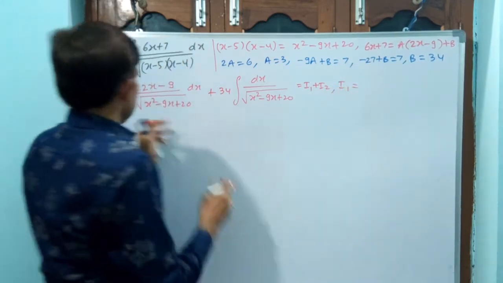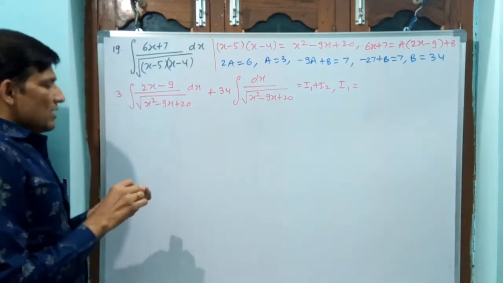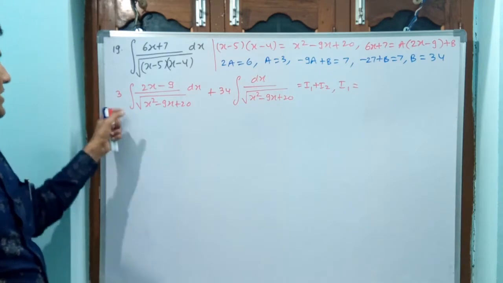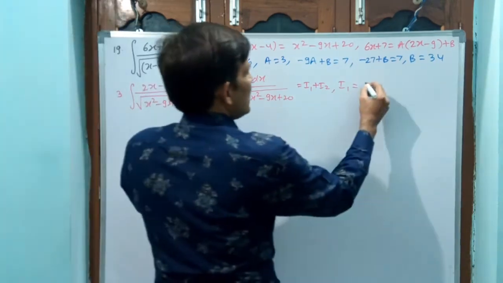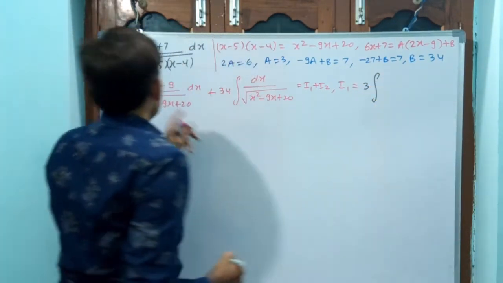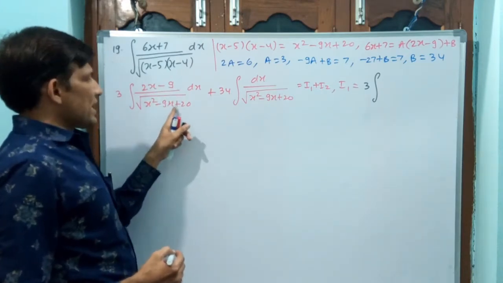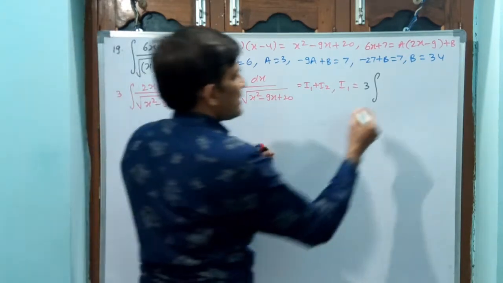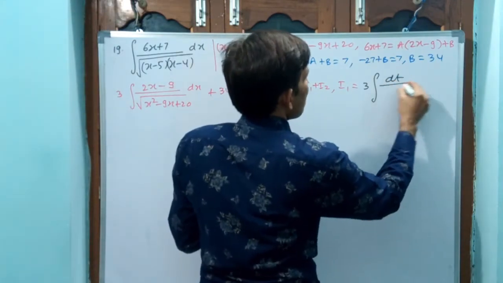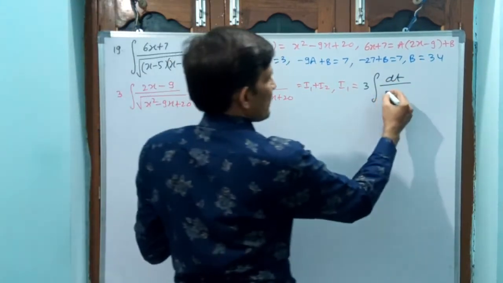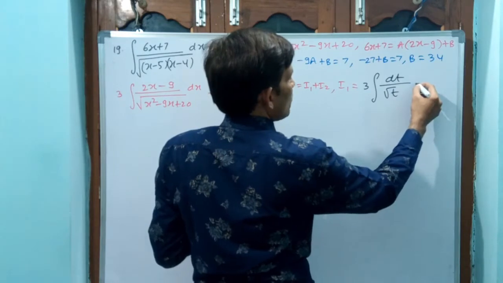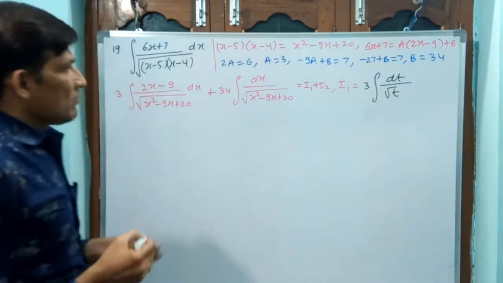I1 is very easy. You take 3 common, 3 integral. See, this is already dt, we know: 2x minus 9 dx will be dt. So write down dt divided by root t. Okay. See what will happen here.